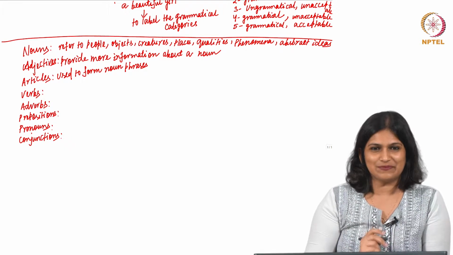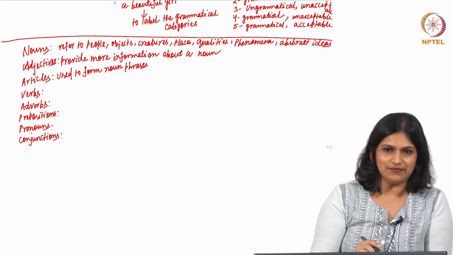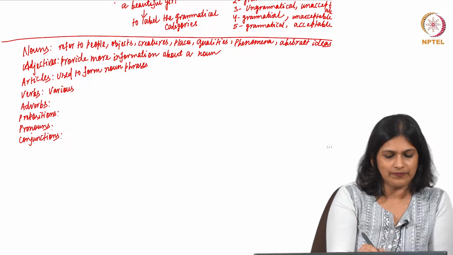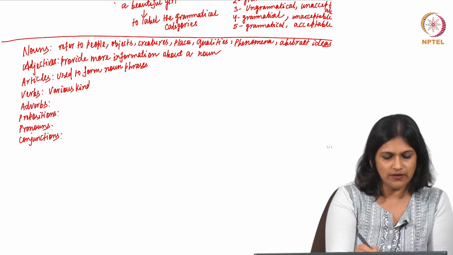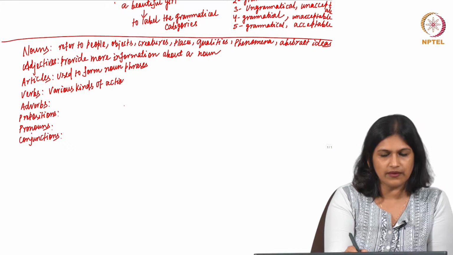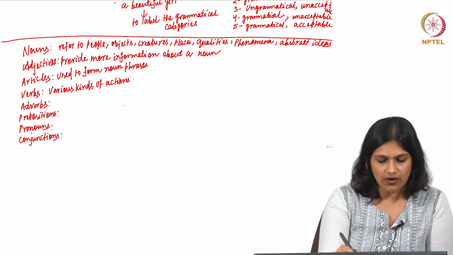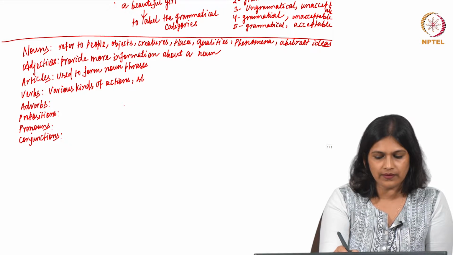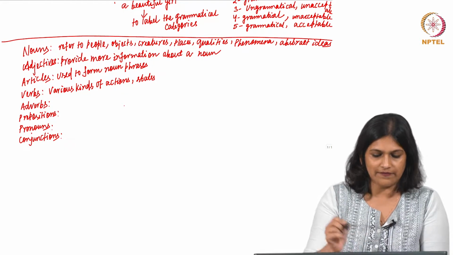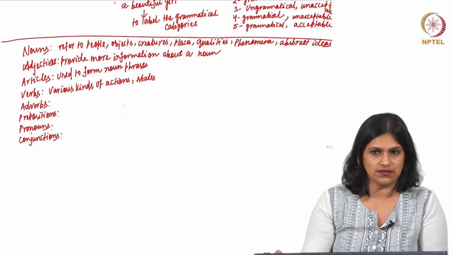Then the most commonly found word is the verb, and how do we define the verbs? These are just various kinds of actions. What do they refer to? They refer to various kinds of actions, and it can also refer to various kinds of states, either the states or the actions, right.